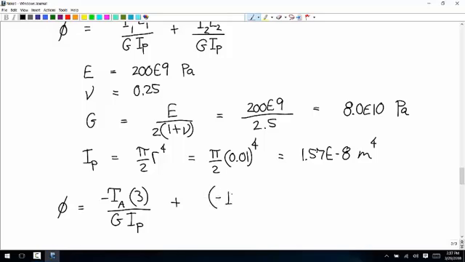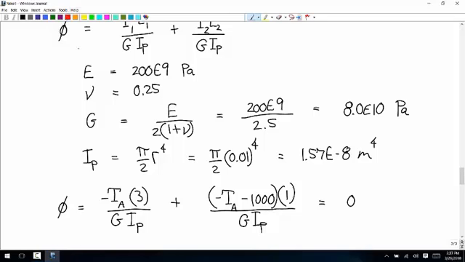plus negative T_A minus 1,000 times 1 divided by G I sub P. And the reason those won't matter is because we have 0 angle of twist.